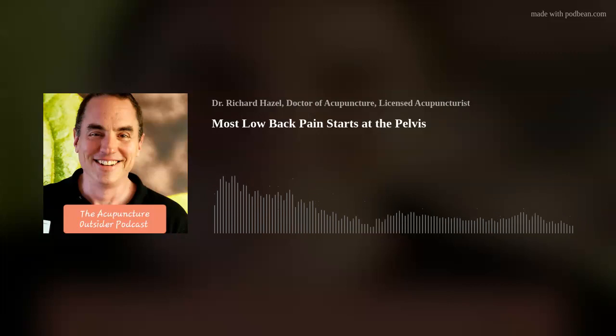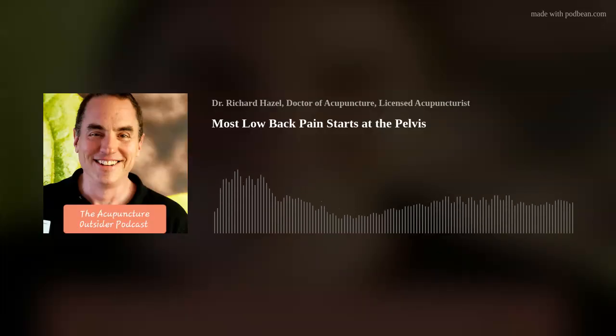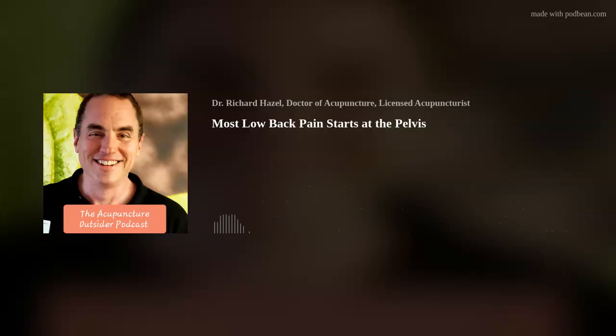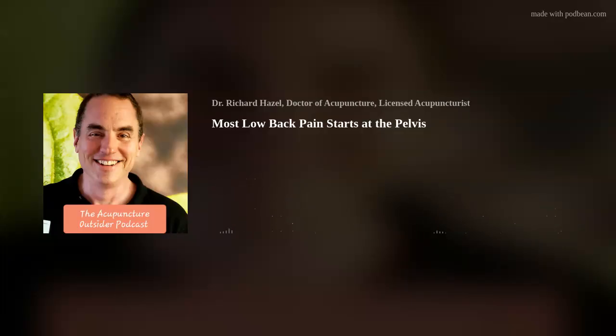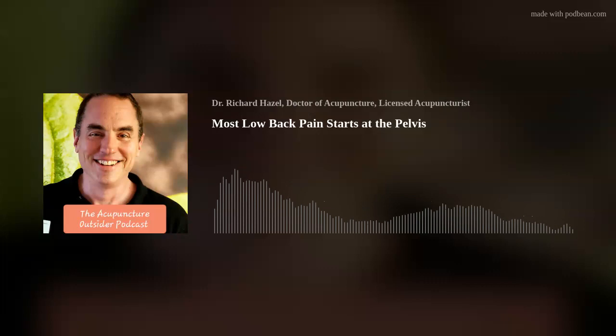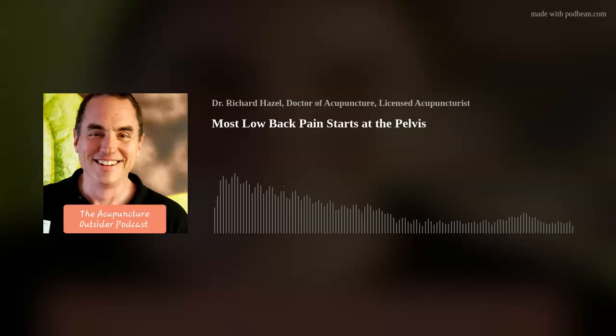The psoas can cause a lot of low back pain if it gets short enough. If it's short enough, not only is it putting pressure on the discs in the lumbar area, but it also causes a lot of pain around L5 and the SI joint just from that constant pulling forward of the tendons, and I could probably even make an argument that the ligaments can cause inflammation, so that you start to have a lot of pain in the low back from a tight psoas.